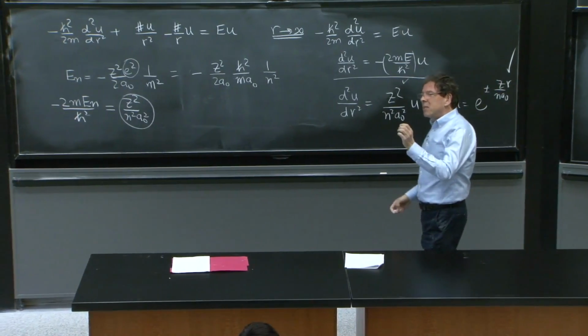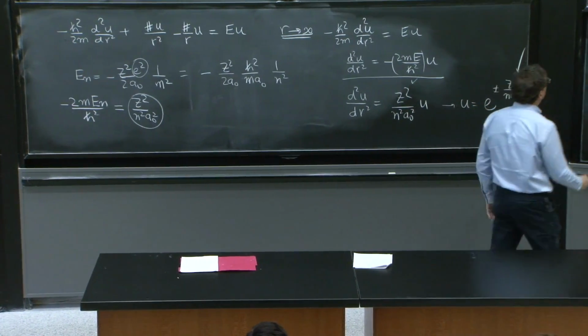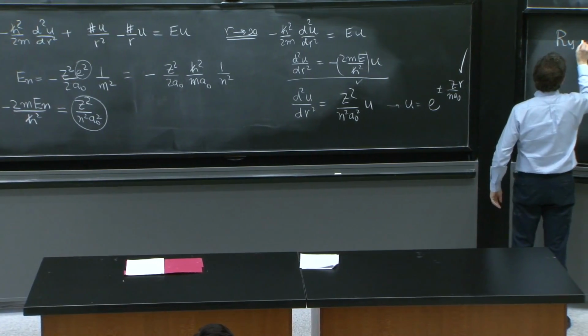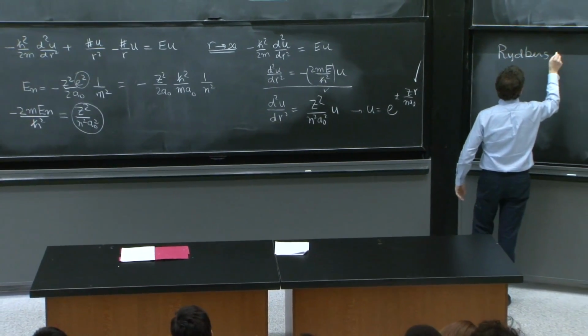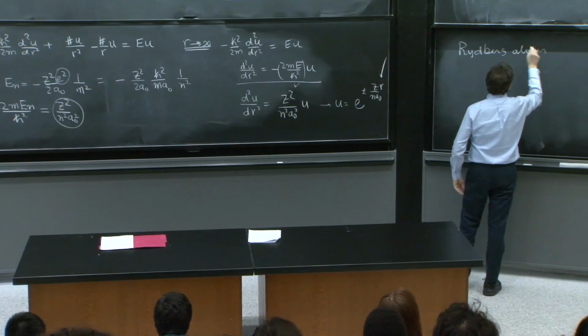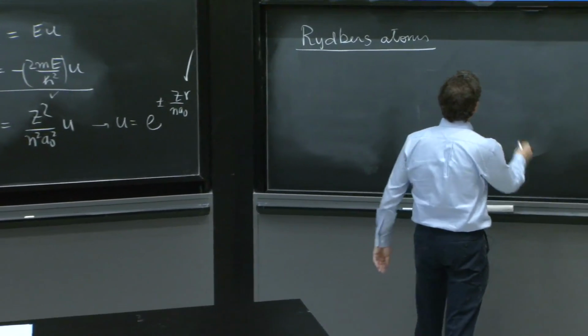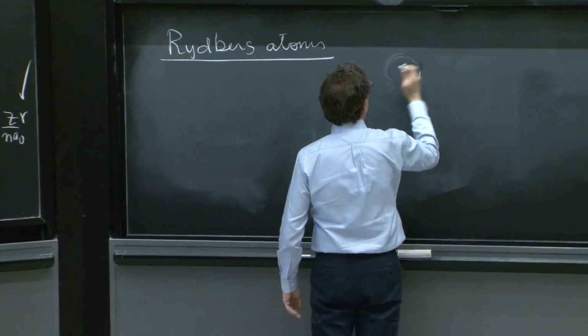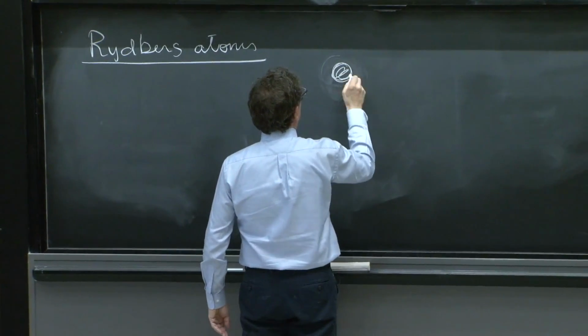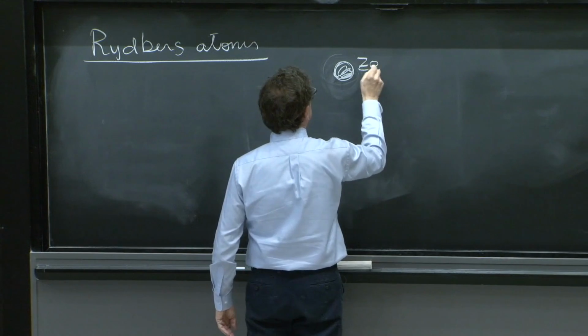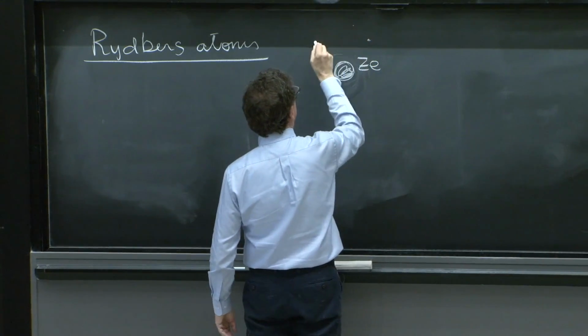Now, that is very interesting because when that happens, you have a nucleus with charge Ze, and you have lots of electrons.